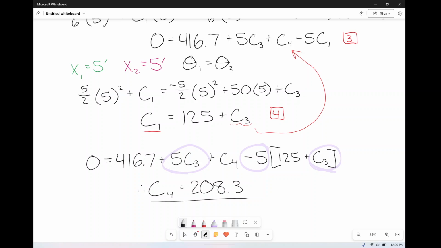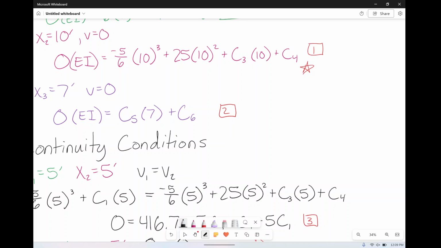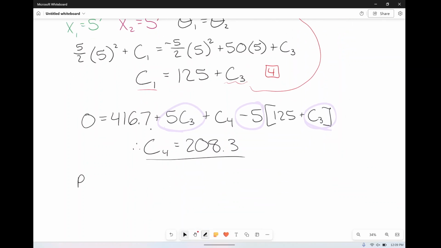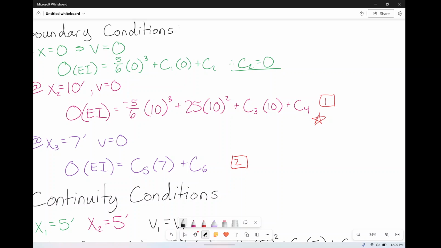However, now that I have C4, remember way up here at equation 1, I just have something in terms of C3 and C4. So let's plug C4 into my equation 1. I didn't actually simplify it down, but my equation 1 simplifies down to 166.7 plus 10C3 plus C4 is equal to 0.